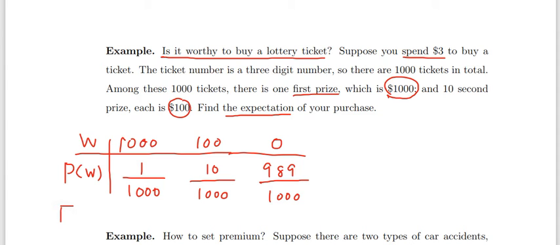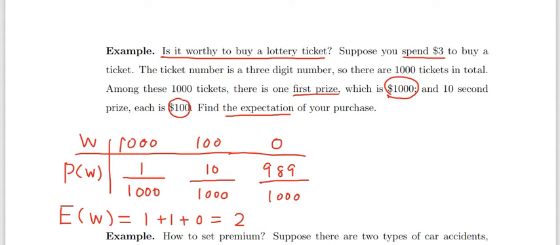Okay. So W equals 1,000 times 1 over 1,000, which is 1, and 100 multiplied by 10 over 1,000 is also 1. And here is 0, right? So this number is 2. So this 2 is the money you can get on the average.